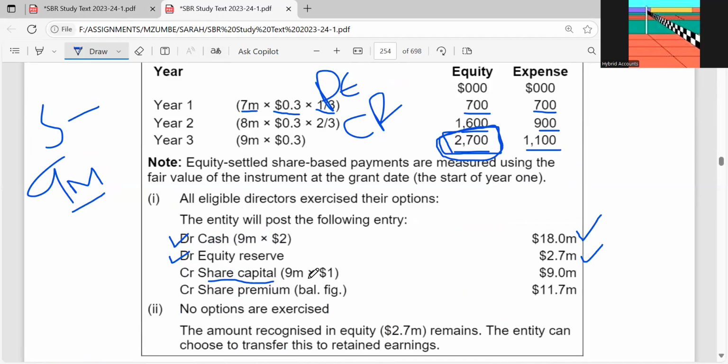The nominal value is the value that is shown in the memorandum and articles of association, by the Register of Companies. So it's 9 million times $1, which gives you 9 million. Whatever remains comes up as the share premium, the excess over the share capital. So 18 plus 2.7 is 20.7. 20.7 minus 9 gives you 11.7, and this should be your share premium. Just like that, and everything is done.